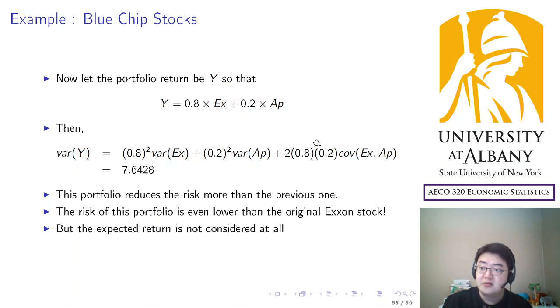We learned how to calculate the variance of the sum of two variables. And in the calculation, the covariance in particular plays a very important role. And as a main example, we learned briefly about optimal portfolio theory and risk diversification theory. As I said, it's not a complete theory, just an example.